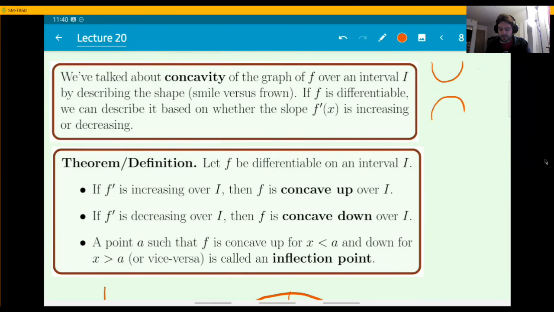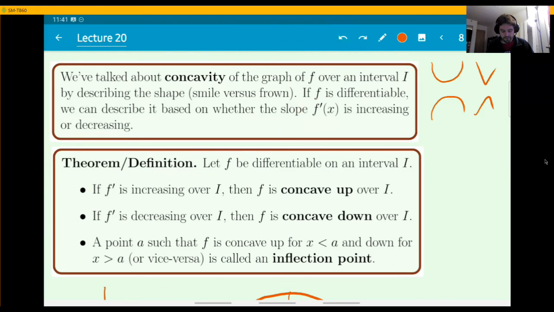But there might be non-differentiable graphs also like that. Those are also classified as concave up and concave down. But if you have a differentiable function, it's possible to give a definition or theorem, whatever you want to call it, for concavity based on whether f prime, the slope, is increasing or decreasing.